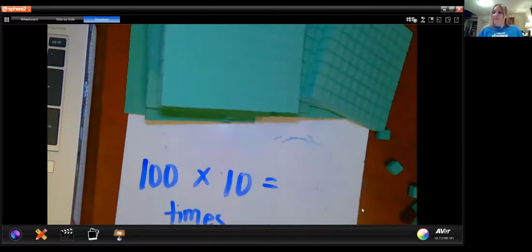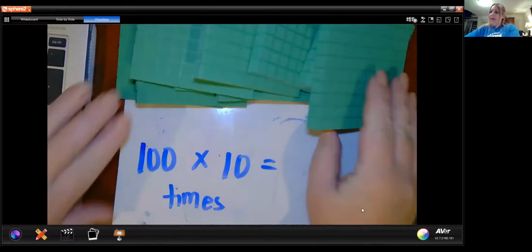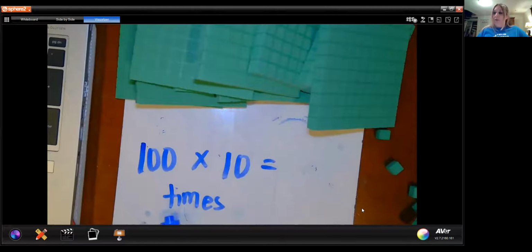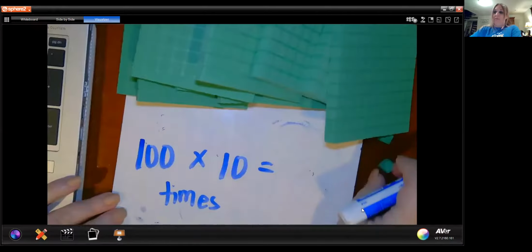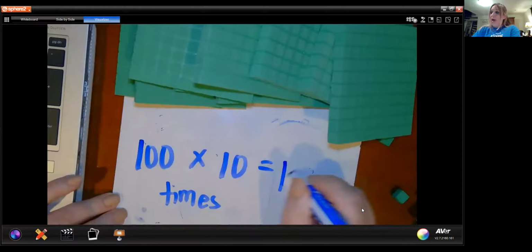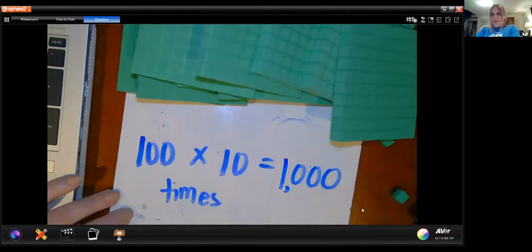Even though I don't have enough room on the screen, you saw me count them out. How many flats do I have? How many groups of 100 do I have? I have 10 groups of 100. So 100 times 10 gives me how many of these small cubes? 1,000. So you'll start to notice a pattern developing.